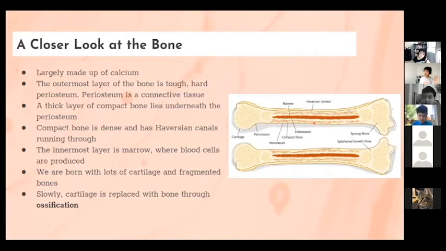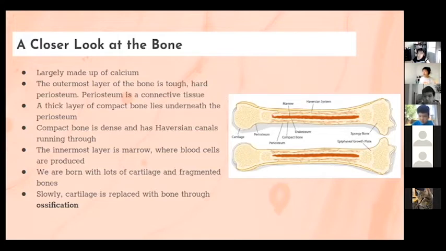These holes are also called the Haversian canals. These little holes, they're not formed when you fall or anything. They just naturally are there. And they are filled with nerves and blood vessels to supply your bones with the nutrients that they need.